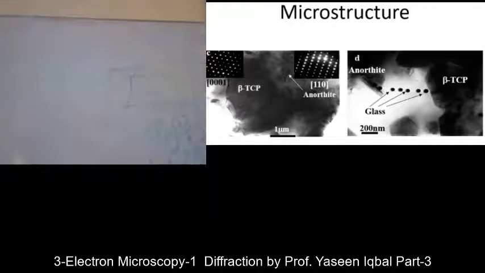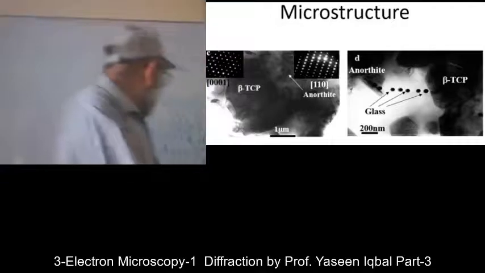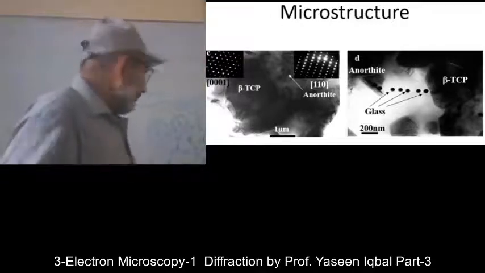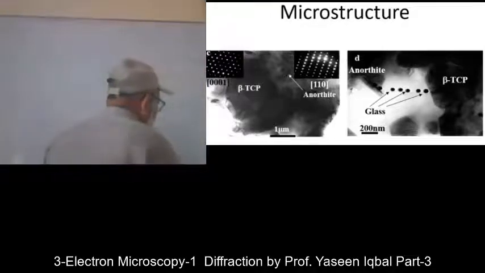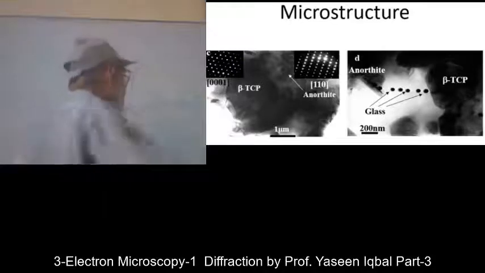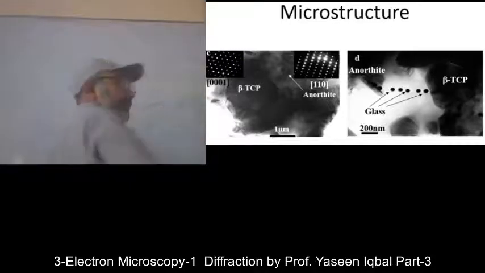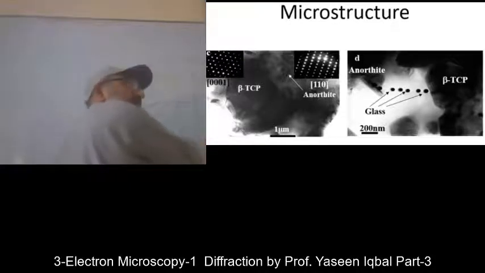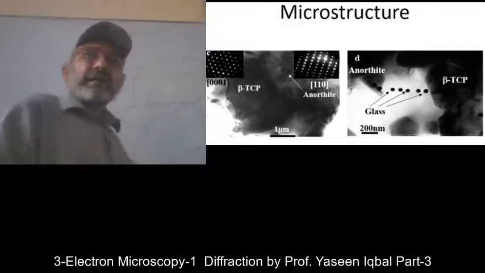That here we have spheroidal crystals, but there we are having lake-like morphologies. By lake-like, I mean spheroidal are like this, and lake-like are like this, right?